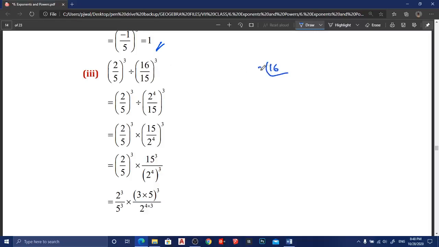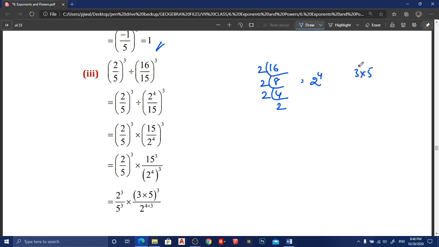How can you write this? 2 8s are 16, 2 4s are 8, 2 to the 4. How can I write this 16 in the exponential form? 2 to the power of 4. 1, 2, 3, 4. Okay, how can you write this 15? 15 you can write just 3 into 5 only.